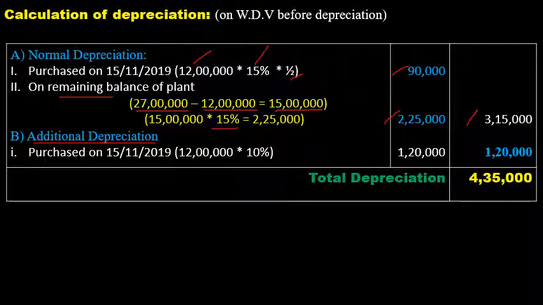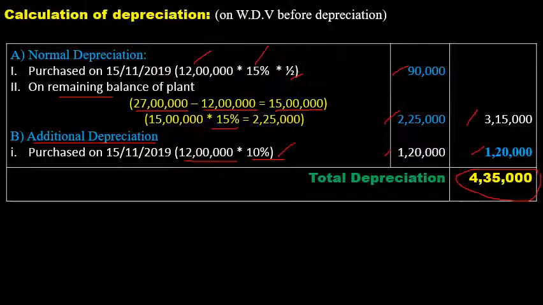On 15th November 2019, the value 12 lakh and additional rate of depreciation 10%, because it was used less than 180 days. So 1,20,000 is additional depreciation. Normal 3,15,000, additional 1,20,000. So total depreciation for the asset is 4,35,000.